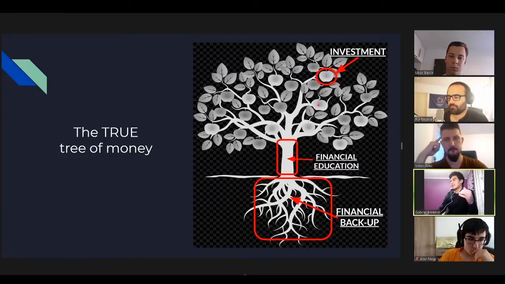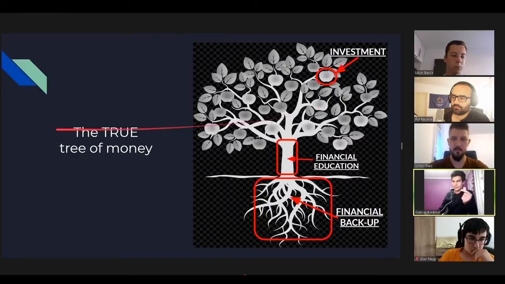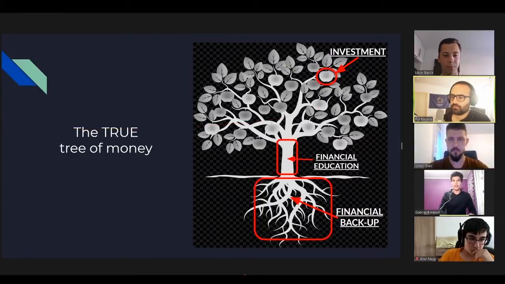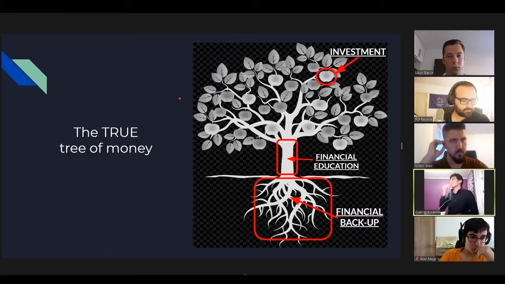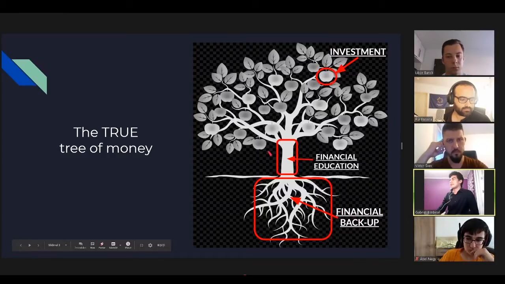Statistically, 70% of people that win the lottery end up in bankruptcy, because they spend money on things like cars, houses, and properties that don't produce income for them. They are just expenses. Financial education and a financial backup are really important if you are thinking about investment.